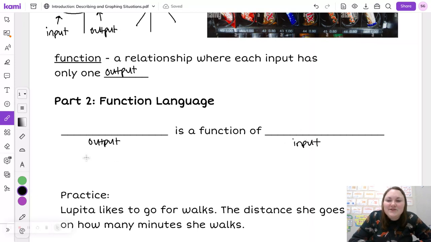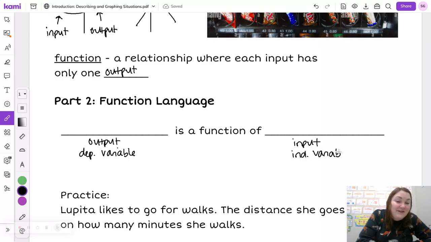Depending on the situation, instead of output and input, you might hear the words dependent variable and independent variable. I know that's something we talk about in our pre-algebra class if you took pre-algebra with us.